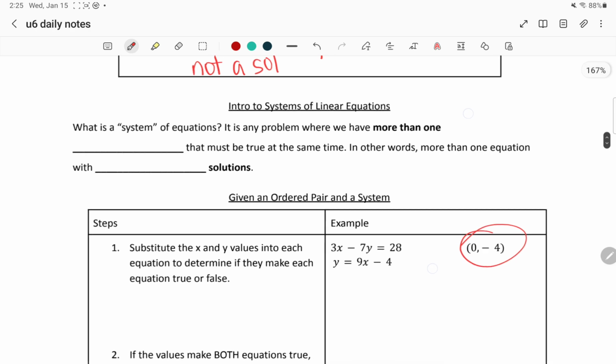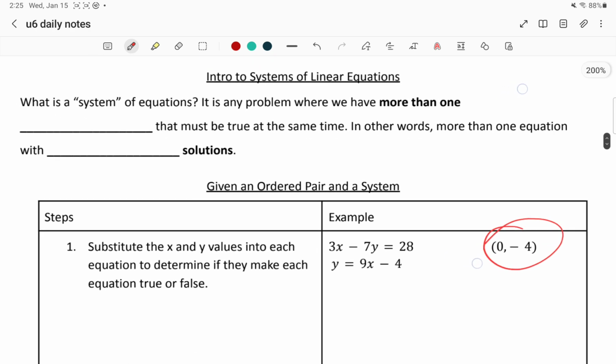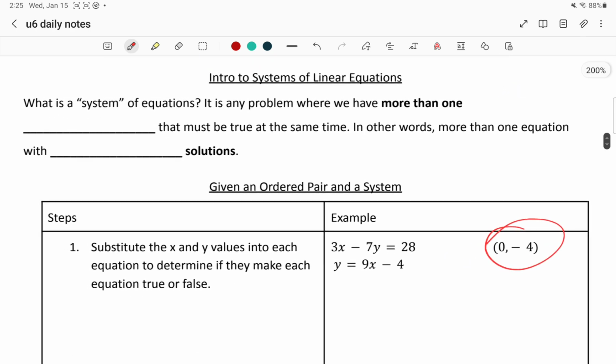But let's talk about what a system of equations is. So think about what a group of sheep is called. A group of sheep would be a flock. Okay? A group of cows is a herd. When we have a group of equations, it's called a system.